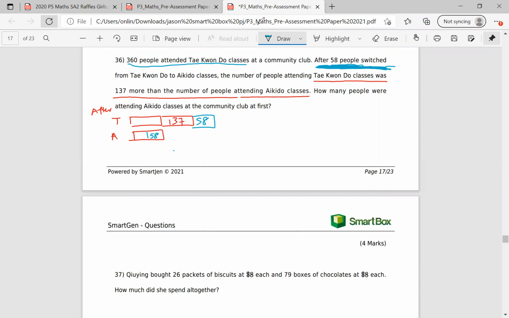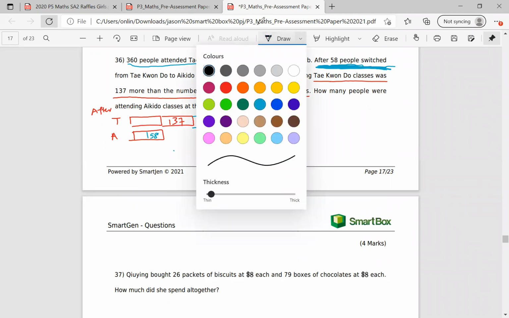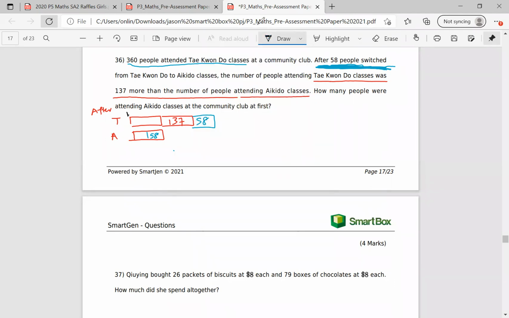So am I correct to say that at first the Taekwondo class is equals to this whole part here, which is equals to 360 people? So how do I try to find it? Okay, this one is just a cut line in case some students think that it's 158.